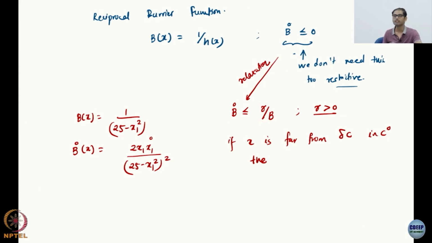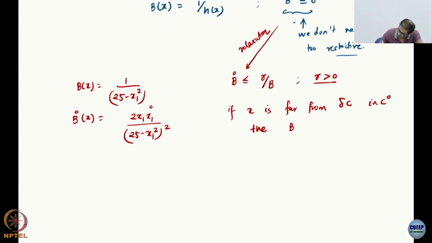So what am I saying? That the derivative is less than some positive number. So B can increase, because all I am saying is that the derivative is less than a positive number, so it can also be positive. So this allows for B to increase. What does the increase of B mean?